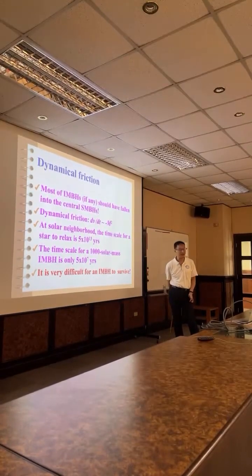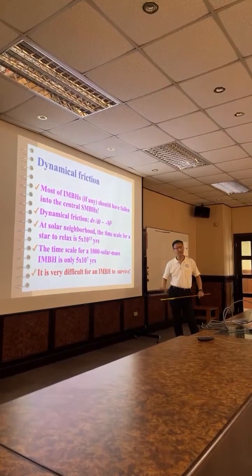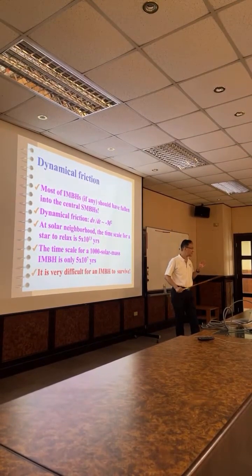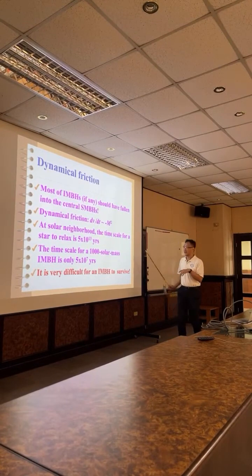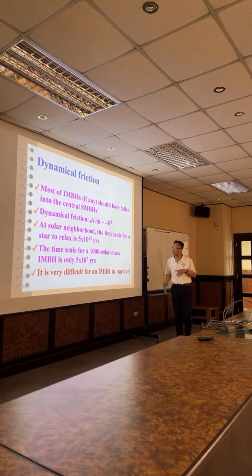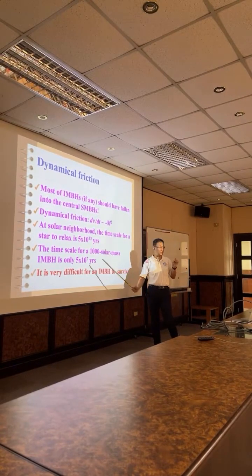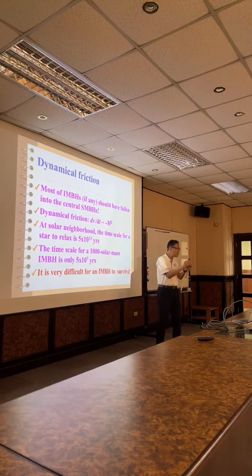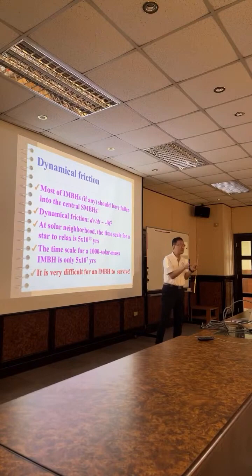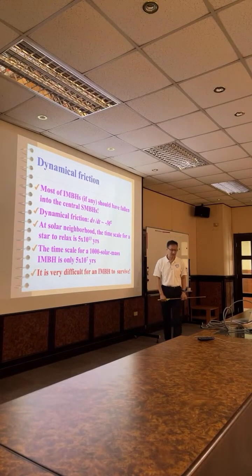So if you look at the solar neighborhood, well, this time scale is very similar to the relaxation time scale. In the solar neighborhood, according to my notes in galactic astronomy, the time scale to relax, which means to change all its energy or lose all its energy or obtain energy similar to the region, is about 5 times 10 to the 13 years.